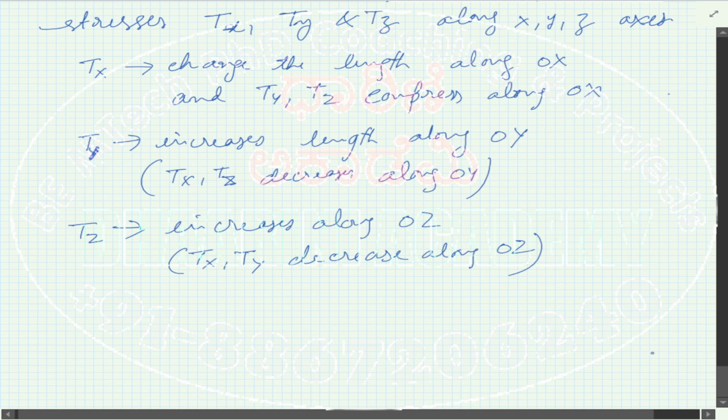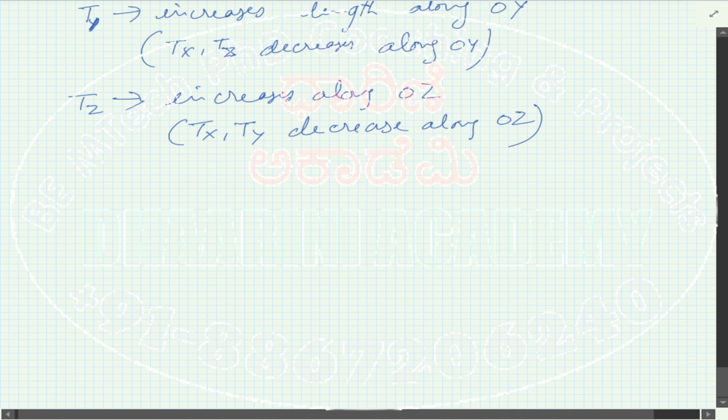Similarly, Ty alone tries to increase the length along the y-axis OY, while Tx and Tz try to decrease the length along OY. Similarly, Tz tries to increase the length along OZ, the z-axis, while Tx and Ty try to decrease it. So this is the basic idea.